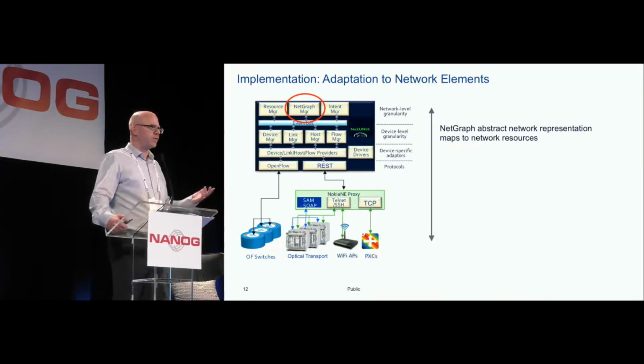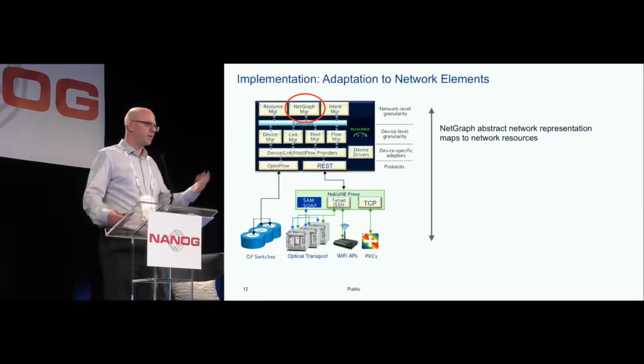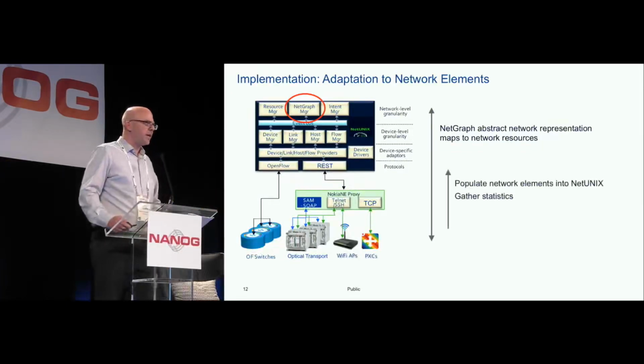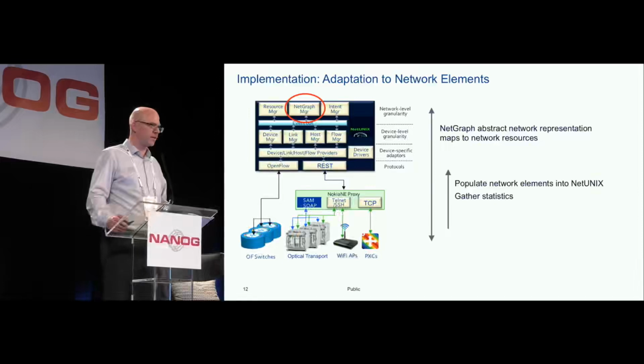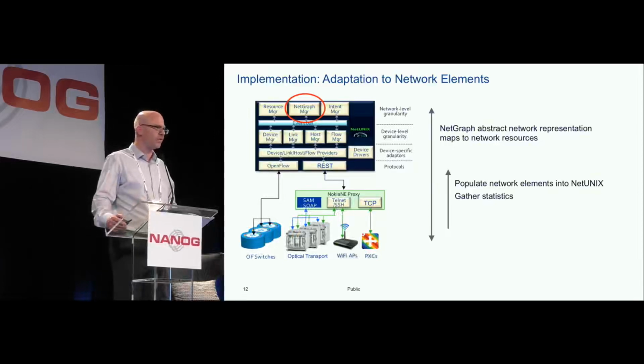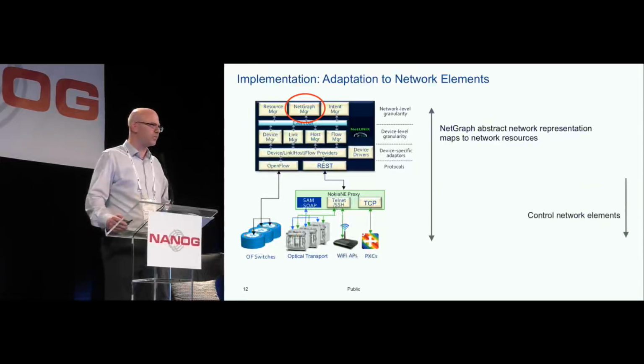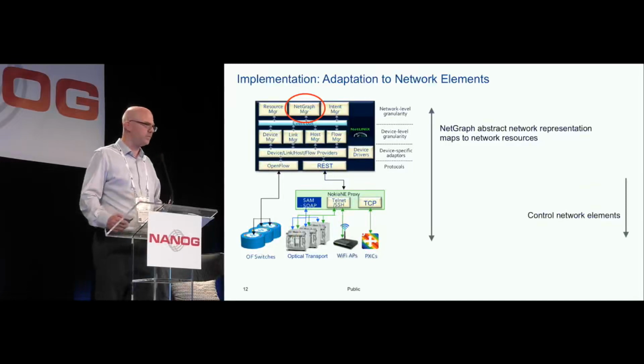So this NetGraph abstracted network representation maps to the network resources, and we can populate network elements into NetUnix and gather statistics using the southbound interface and control the network elements.